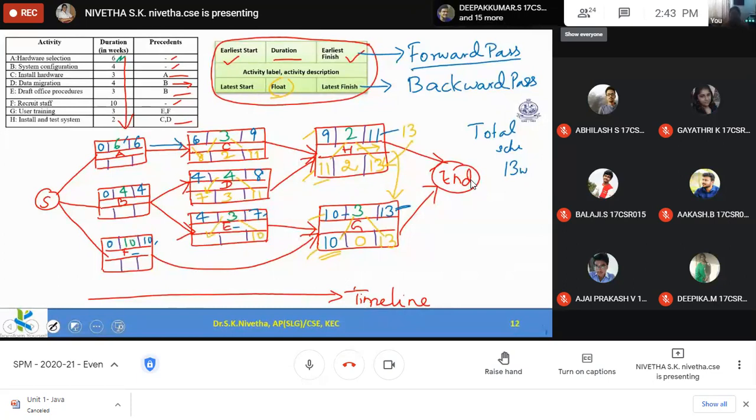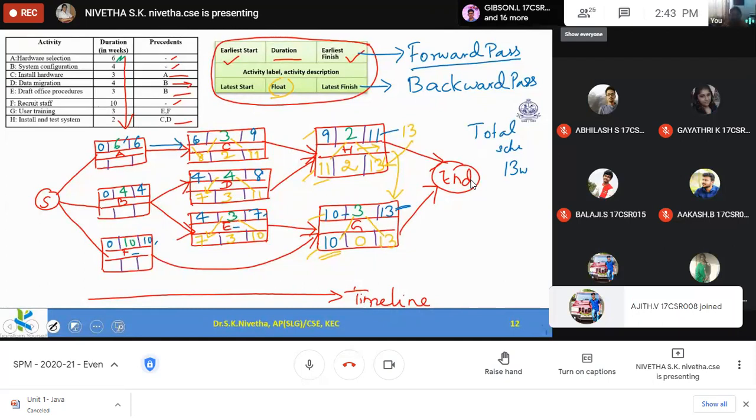Because it takes 3 weeks duration to complete, 10 minus 3 is 7. So latest start for activity E is 7. Now what is the float value? Float value is 3, 7 minus 4. This is the float value for activity E.